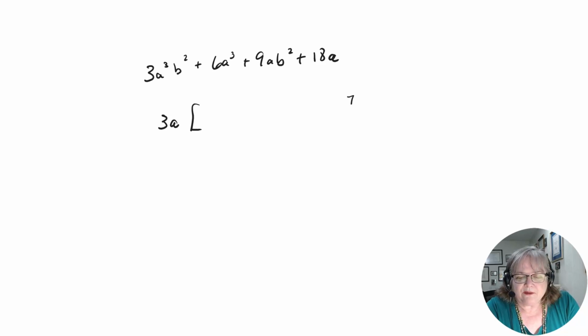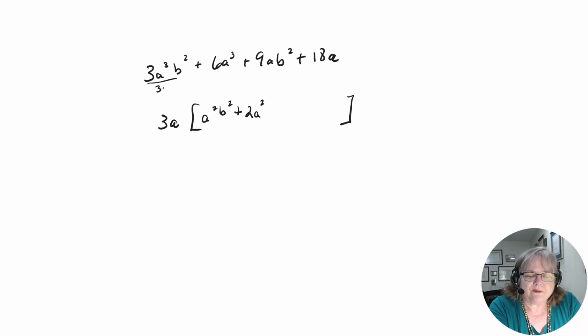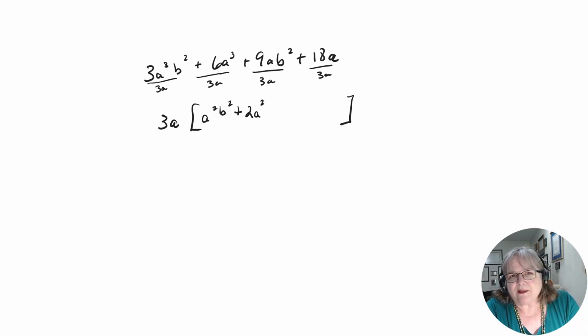And that would leave you, let's see, 3A cubed B squared divided by 3A would be A squared B squared plus 6A cubed divided by 3A would be 2A squared. And I don't know if it would help you to run underneath here and say I'm essentially dividing all of these by a 3A to see what's left.